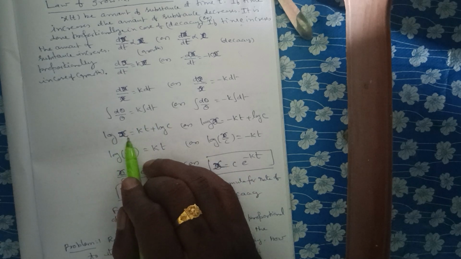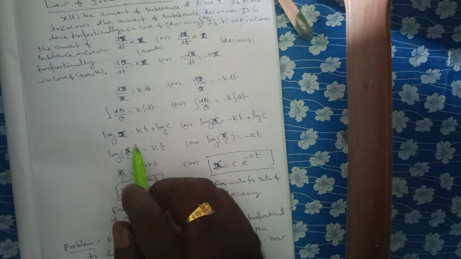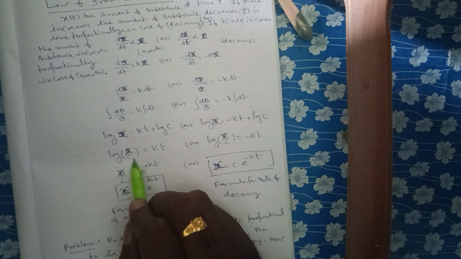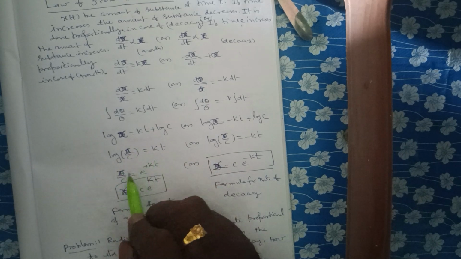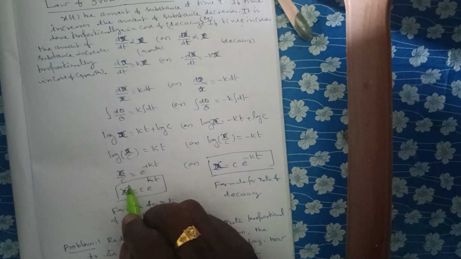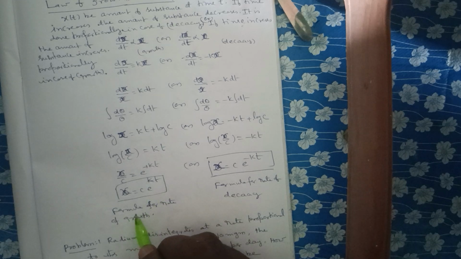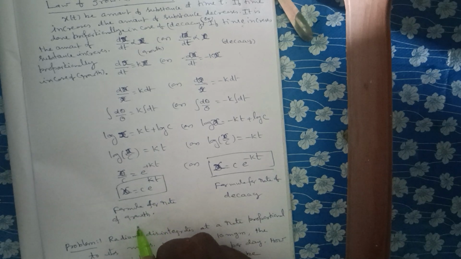Therefore log x is equal to kt plus log c, so log(x by c) is equal to kt. So x by c is equal to e power kt, and x is equal to c e power kt. This is the formula for the rate of growth.